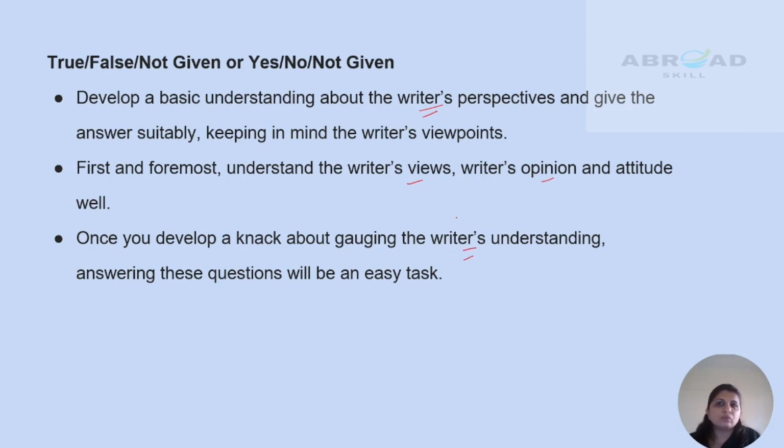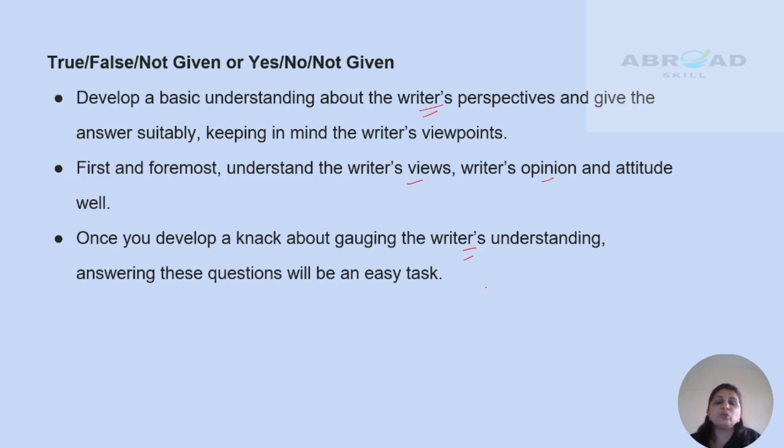Alright. So when is the statement true? When exact information is given in the text, right? And when it is false, because contradictory information is given, that time you can state that this particular statement is false. But when can you say the statement is not given? When the information pertaining to the statement asked in the question is not given in the text.